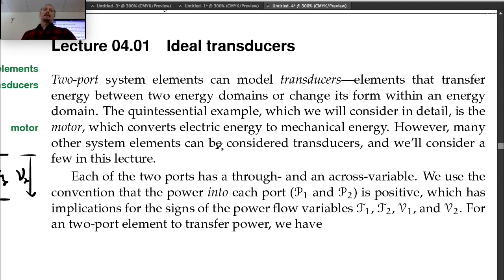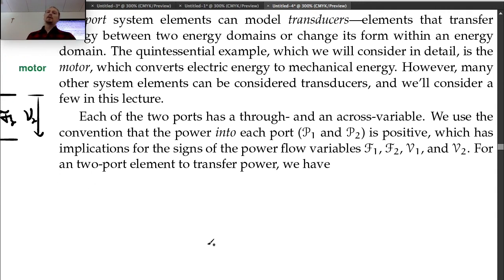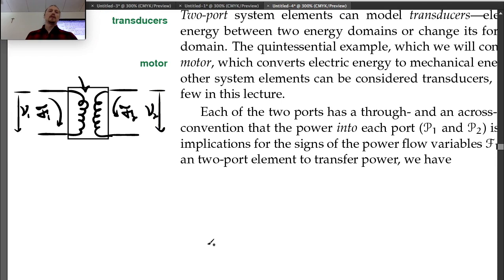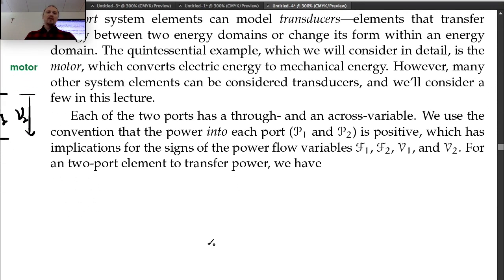However, many other system elements can be considered transducers, and we'll consider a few in this lecture. Each of the 2 ports has a through and an across variable, like we drew in the little figure. We use the convention that the power into each port, P1 and P2, is positive, which has implications for the signs of the power flow variables F1, F2, V1, and V2.